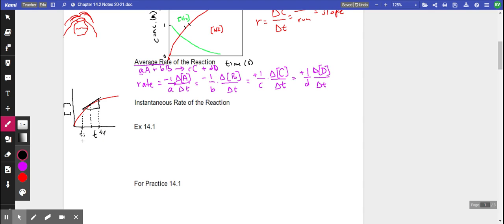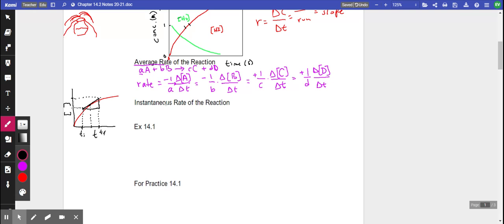So let's say it goes from 10 seconds to 40 seconds. The change right here would be 30 seconds in that made up example. And we would look at the concentration right here versus the concentration right here. That's supposed to be a straight line.